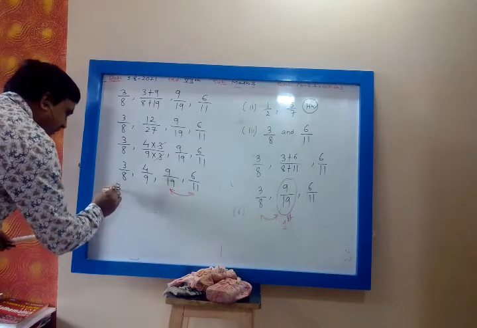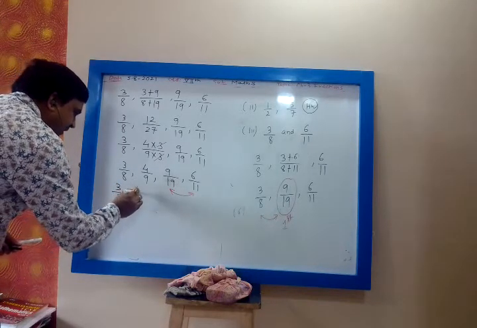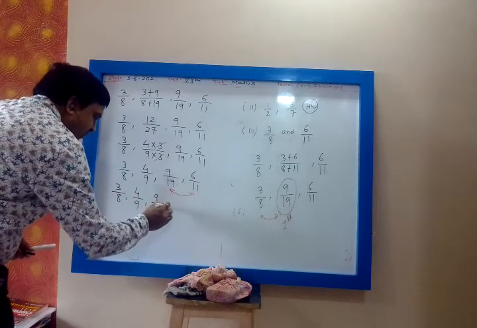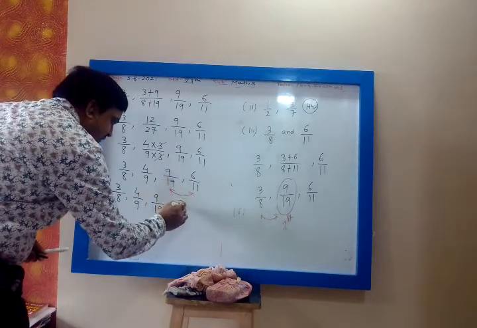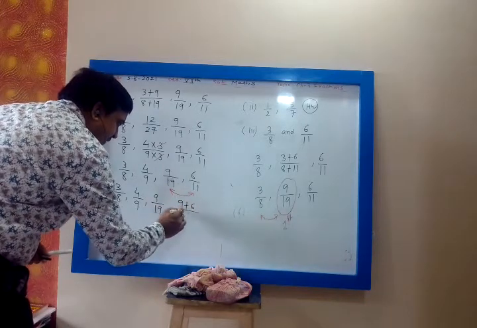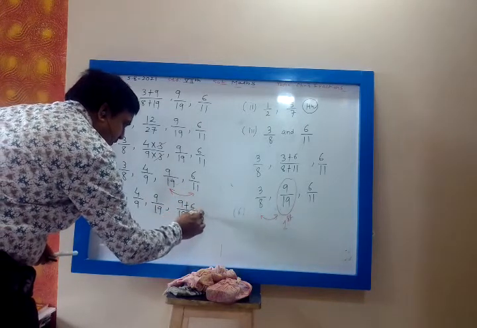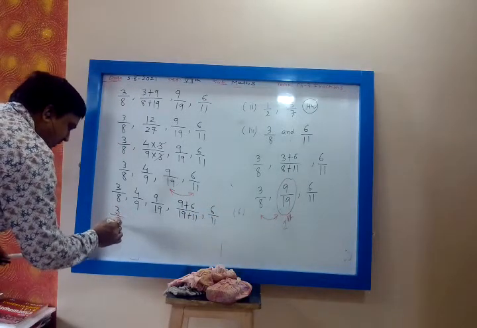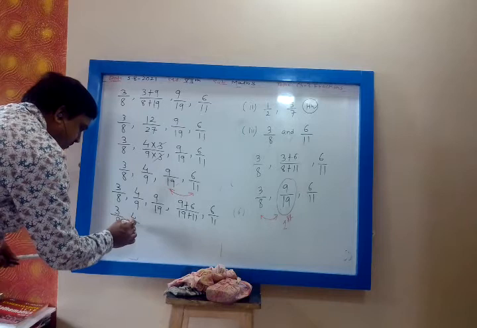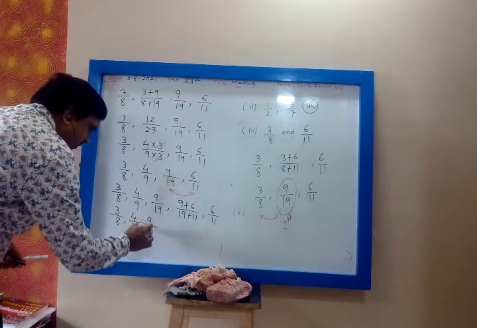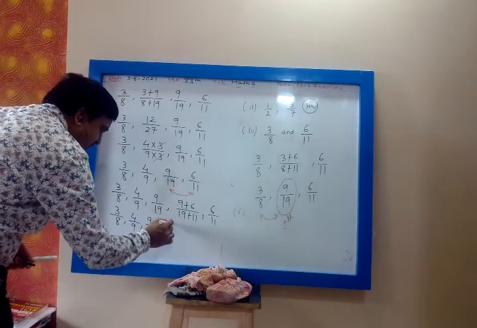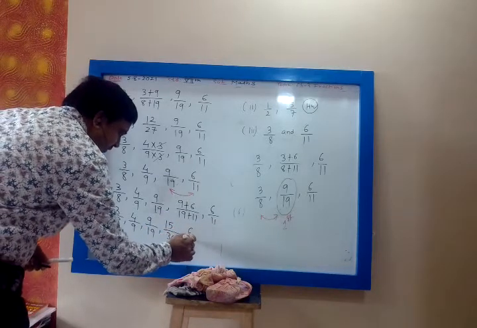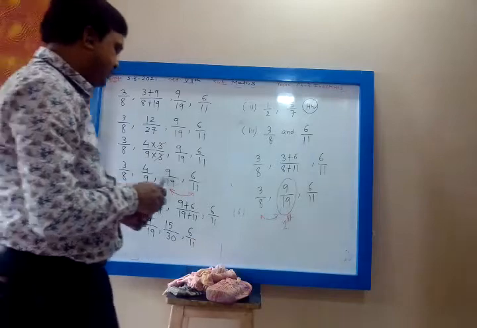So that is 3 by 8, 4 by 9, 9 by 19, then between these two 9 plus 6 upon 19 plus 11, and 6 by 11. So that becomes 15 upon 30 and 6 by 11.